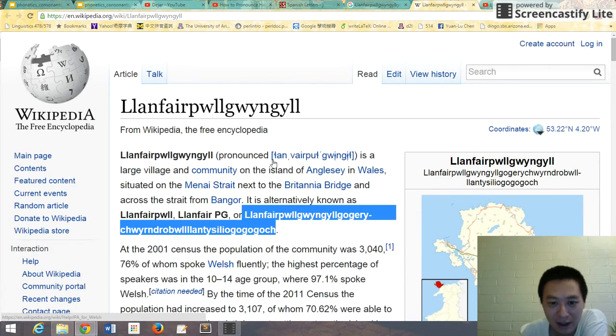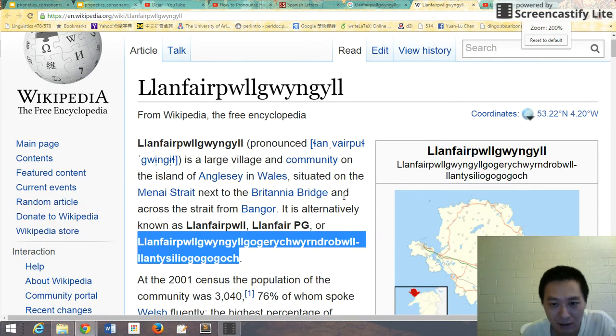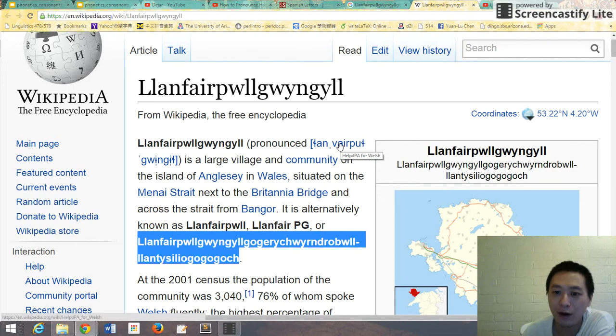So as you can see, this is the square bracket, and what's inside this is the IPA. Here it says IPA for Welsh. As you can see, IPA is called International Phonetic Alphabet.